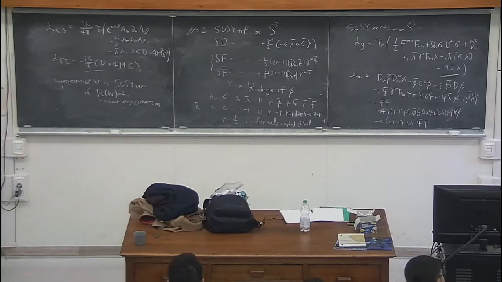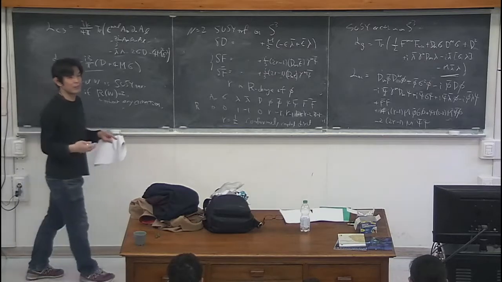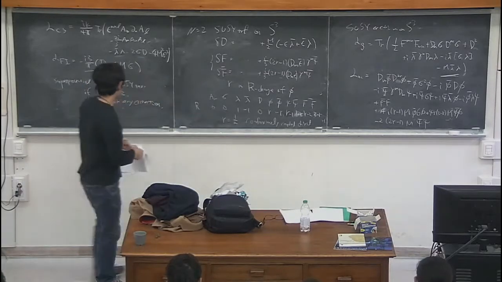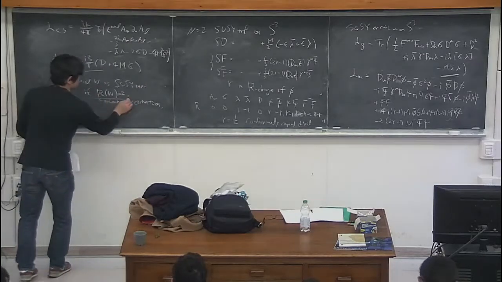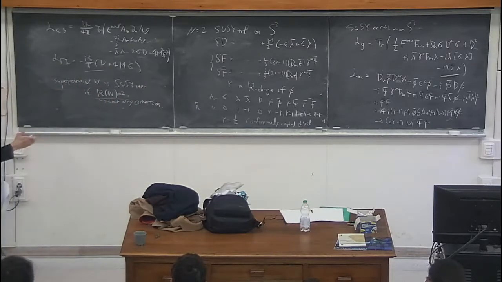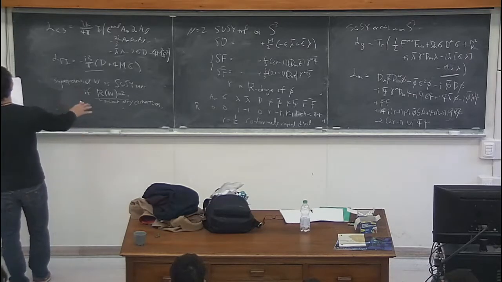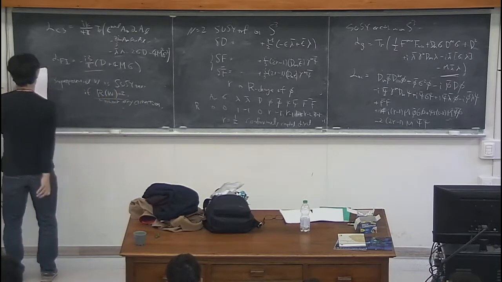So it should be invariant without any correction. Of course, this is needed even on a flat space. I do not write it down, but this is the same in a flat space, and it's supersymmetric.